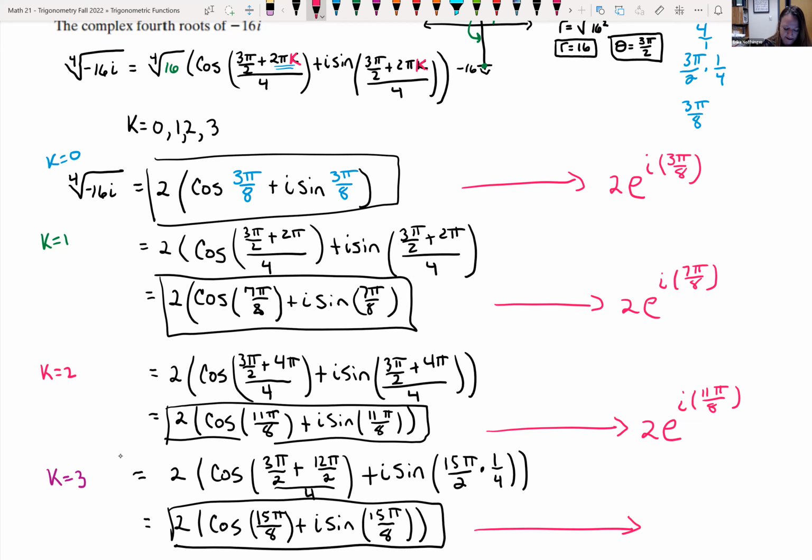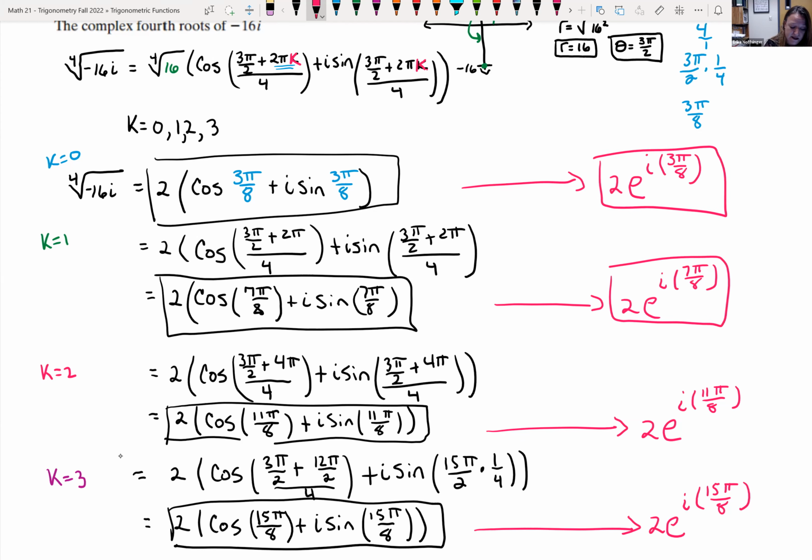And the last one gives us back 2e raised to the I of 15 pi eighths. So we found the fourth root of negative 16i, and we put them in polar form and exponential form.